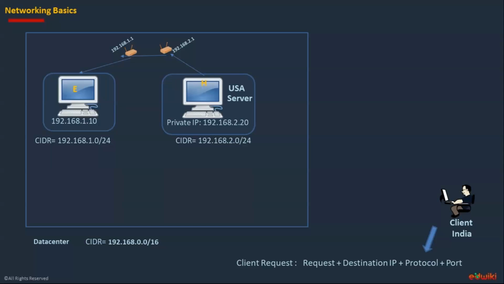So the client is making a request to connect to the server which is in the USA. The request is going via the internet. Then the client cannot connect to the H machine using the IP 192.168.2.20, whatever you see as of today, because the 192.168.2.20 IP that you see currently for your H server is called a private IP address.